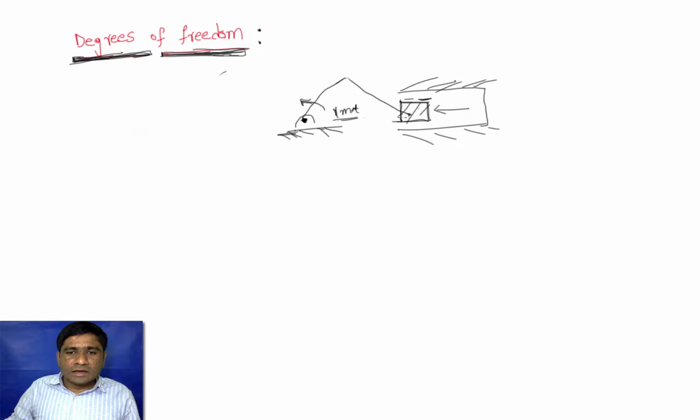This is the slider, this is a simple rod, or we can call it a link, and this is one more link, and this ground is also one more link. Here we have a pin joint, here also a pin joint. Pin joint means hinge joint. A hinge joint allows only rotational movement between two links, and here also one hinge joint, and this link is again connected to the slider with a hinge joint.